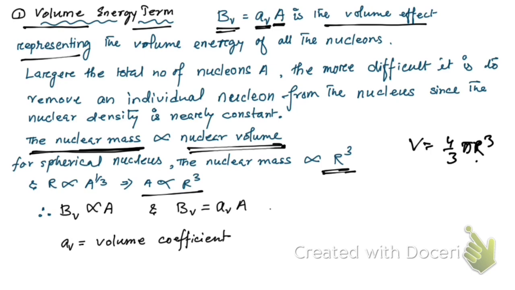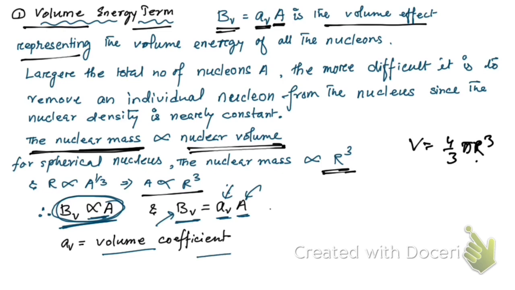And if we write this, then this mass energy is proportional to A, and A is proportional to r cubed. Then this mass energy is proportional to mass number as well. So we can write the volume energy is equal to AV times A, where A is the mass number and AV is the volume coefficient, right?